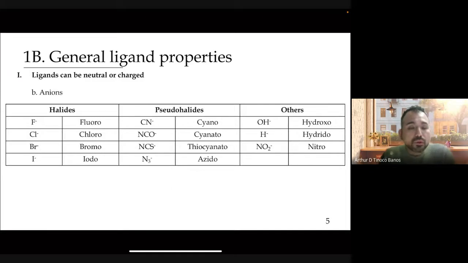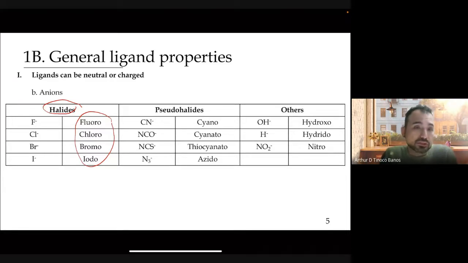So over here, what we're looking at is a subset of ligands that have a charge. They are anionic, so negative charge. So you have the halides. These are the common names that are attributed to these particular ligands when they coordinate to a metal center. So for instance, fluoride, when it coordinates to a metal center, will be referred to as a fluoro ligand.